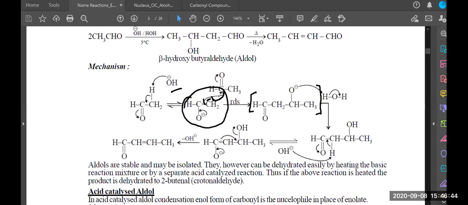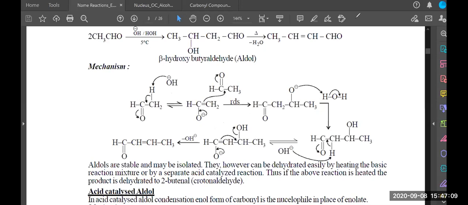So every condensation reaction can be said to be a nucleophilic addition reaction, where the nucleophile is another substrate which has been converted into a nucleophile. Yes, carbanion. Okay, got it?